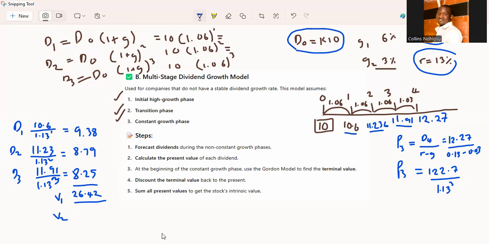What do we get? If I've done it right, it's giving me 85.04. 85 point what? 04. So now, what is the total value of stock? We add these two. This plus that, what do we get?